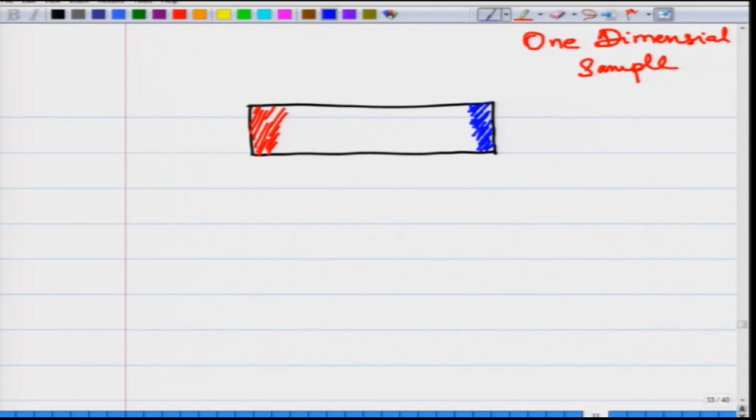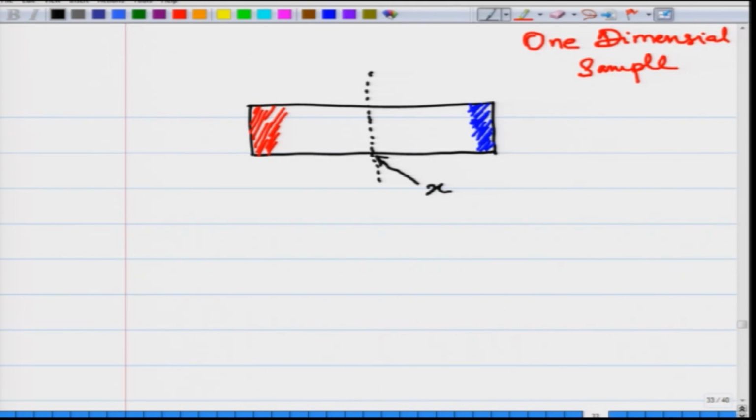And let us take some point, say I am measuring x from this direction, this is my 0 and I start measuring and going in this direction. Since it is one dimensional, I only have the x coordinate. So, let us say this is my point x, okay. And here I want to find out how much is the net thermal current which is flowing across this point x.